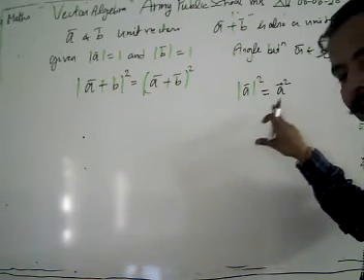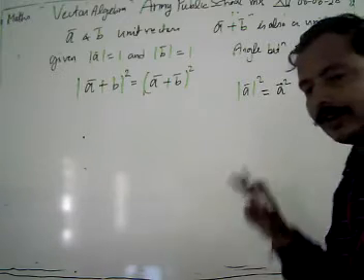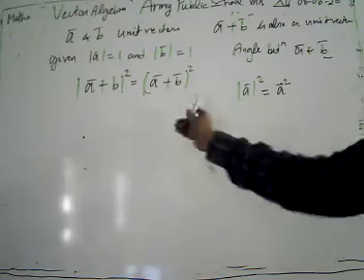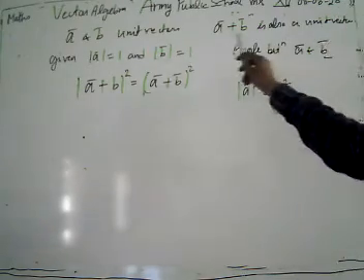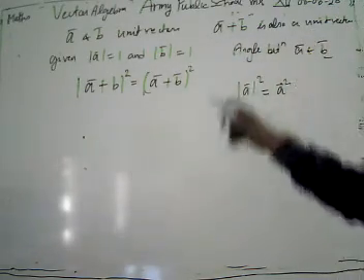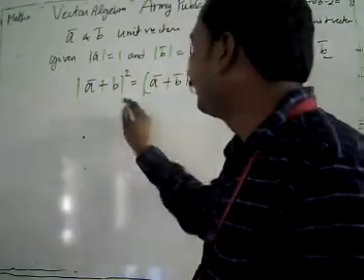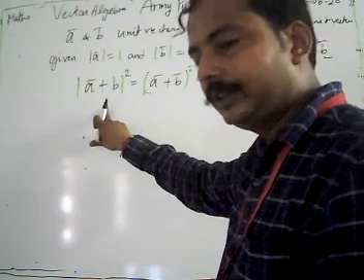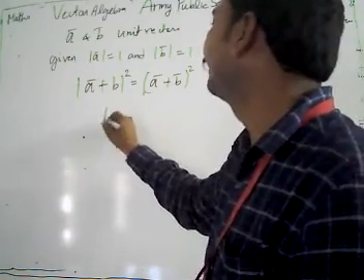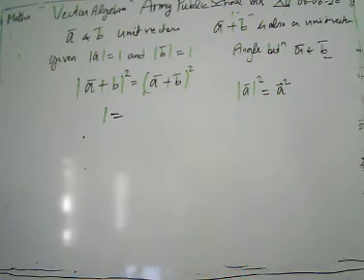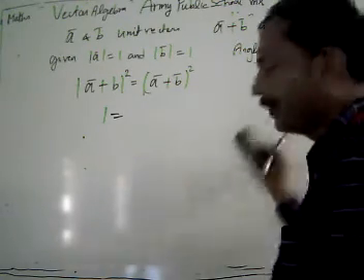Modulus of A square is equal to the vector A squared. We are given that A plus B is also a unit vector, so its magnitude is 1, and the square of 1 is 1. Now we have A plus B whole square. How can we expand A plus B whole square?